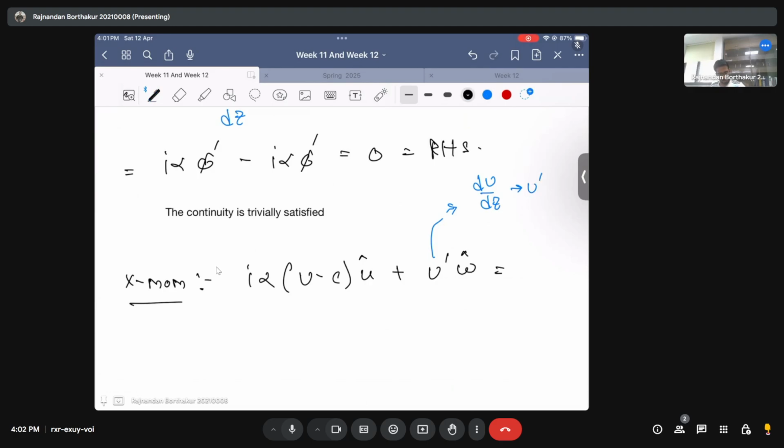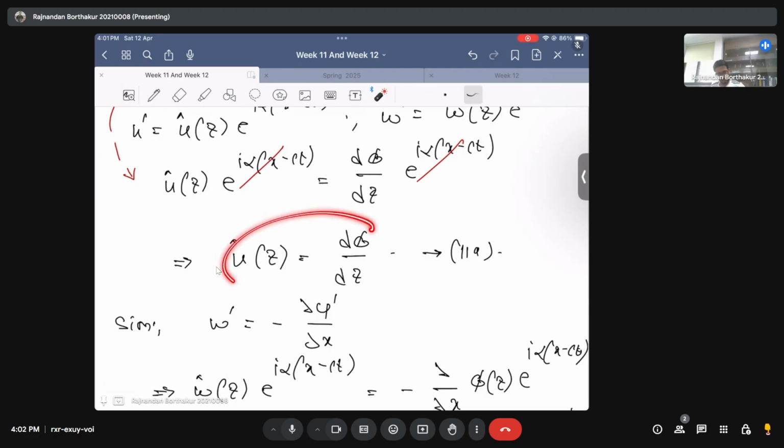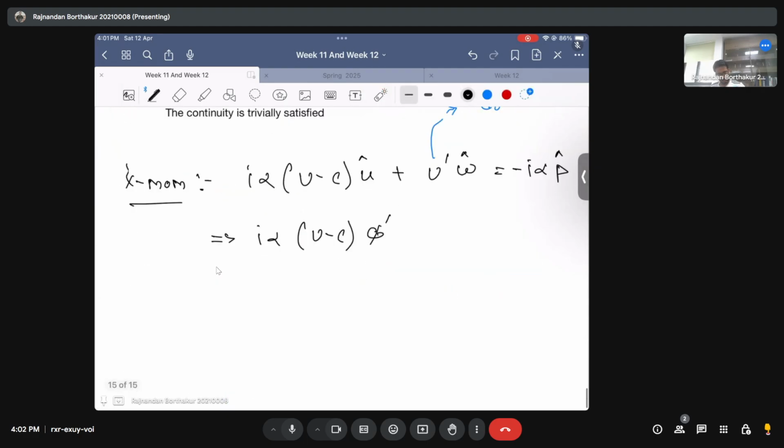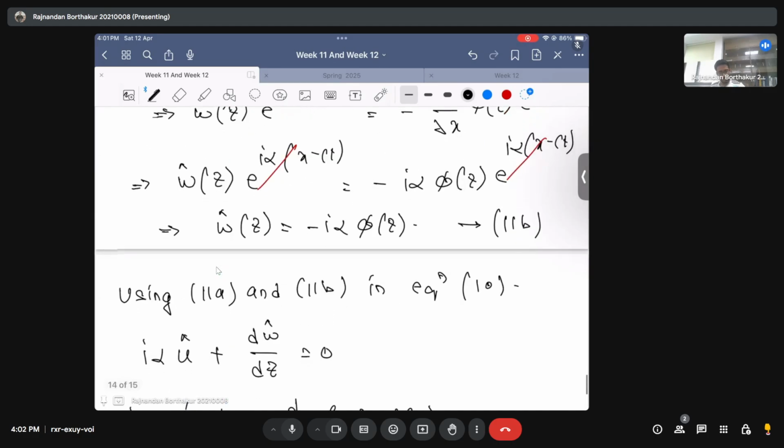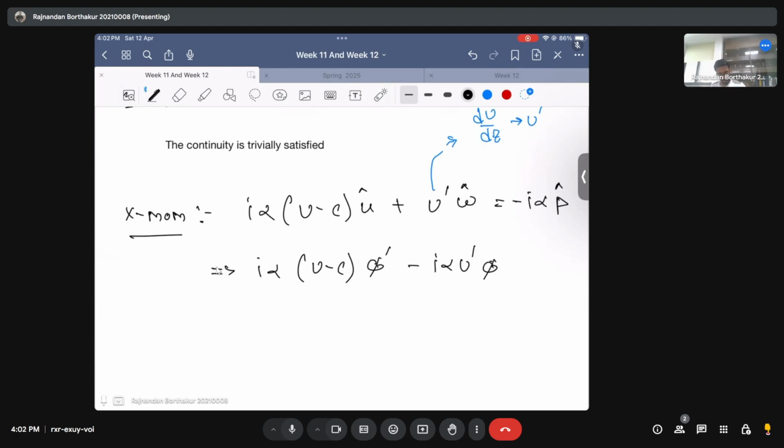And then this is minus I alpha p prime. And then if I substitute u hat and w hat in terms of phi, what I'll get is I alpha u minus c times phi prime, because my u hat is equal to phi prime, and then w hat is equal to minus I alpha phi, so this becomes minus I alpha u prime phi, and this is equal to minus I alpha p prime. Yes, I think this is fine.